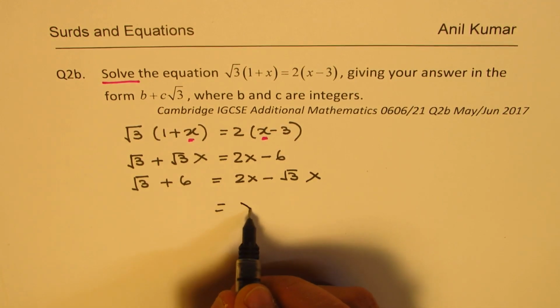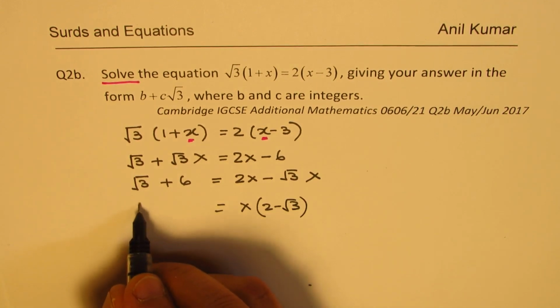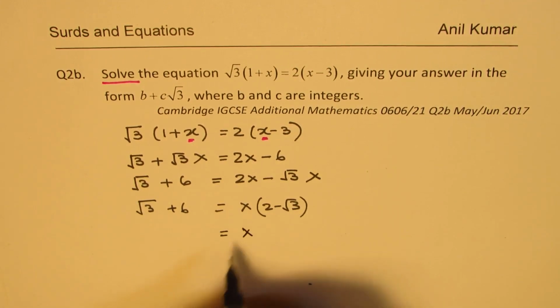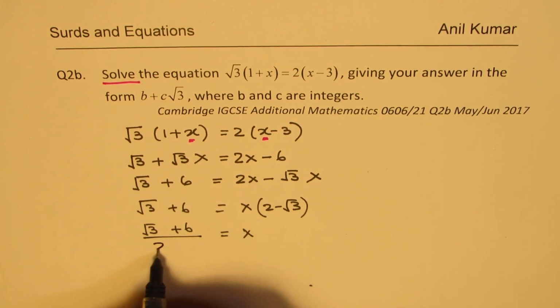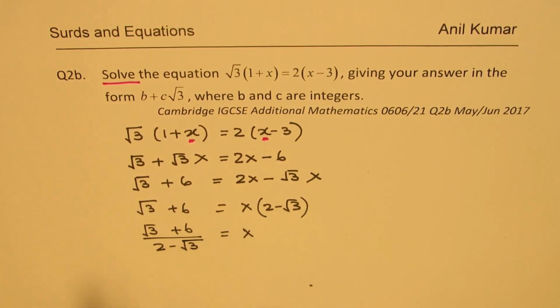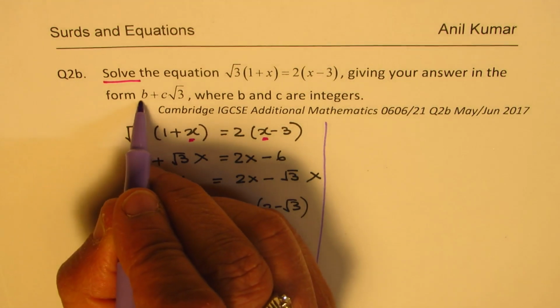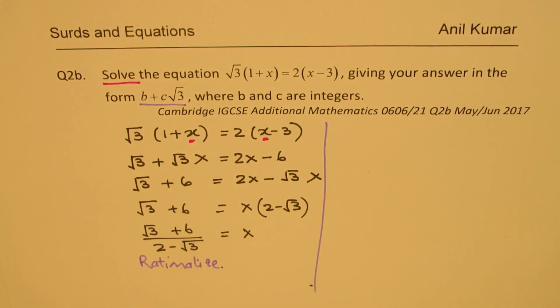Now, x is a common factor here, so we get 2 minus square root of 3, and on this side we have square root of 3 plus 6, correct? x is square root of 3 plus 6 divided by 2 minus square root of 3. So that is the value of x. However, we are given a different form, so we need to write this answer in the given form. That means we need to rationalize. Clear?